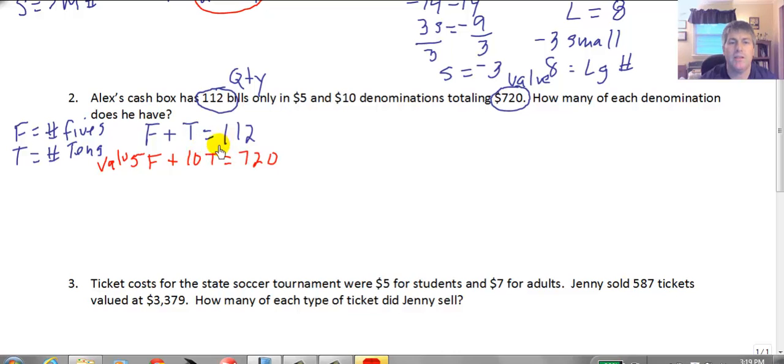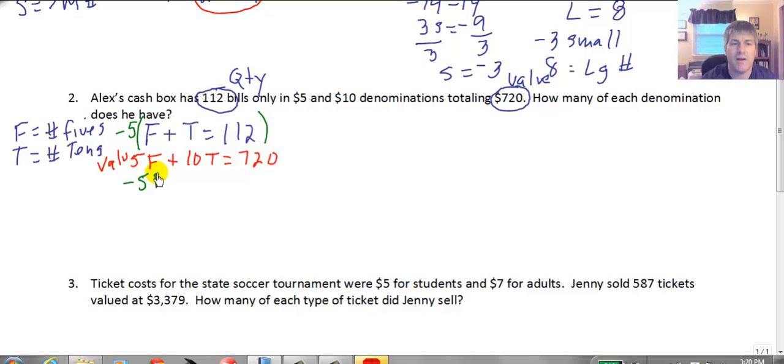So we have our two unique independent equations, our quantity equation, our value equation, and now we will go ahead and solve. You could do substitution here. I'm going to do linear combination. I'm going to multiply the top equation, our quantity equation, by -5.